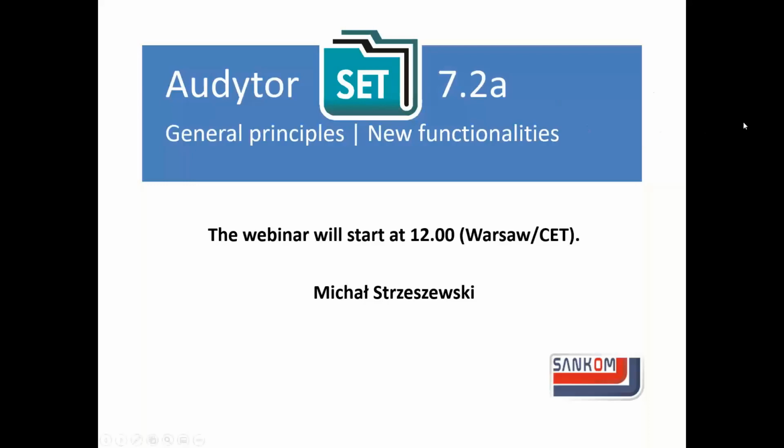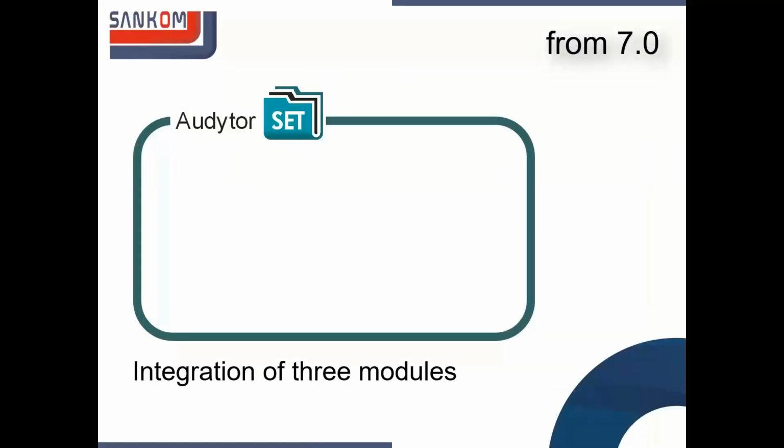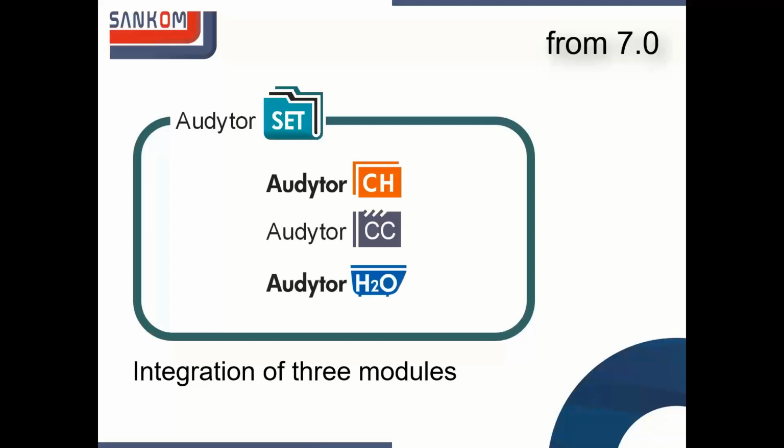So now let's speak about the general principles. From version 7.0, we integrated in one application the three modules. The module for central heating design, central cooling with ice water systems with fan coils, and H2O.